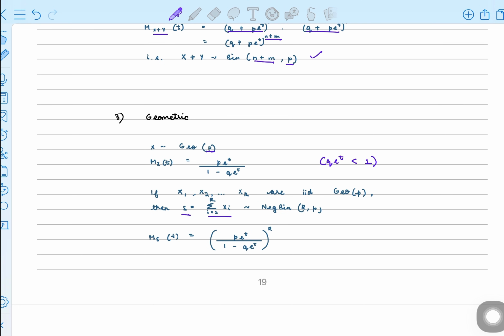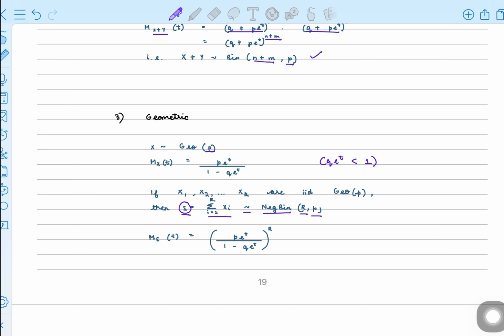Therefore, adding k independent geometric variables counts the number of trials required to obtain k successes. That is exactly the meaning of a negative binomial distribution. Thus, s follows the negative binomial distribution with parameters k and p. Hence, we have the MGF equal to the MGF for the negative binomial distribution.